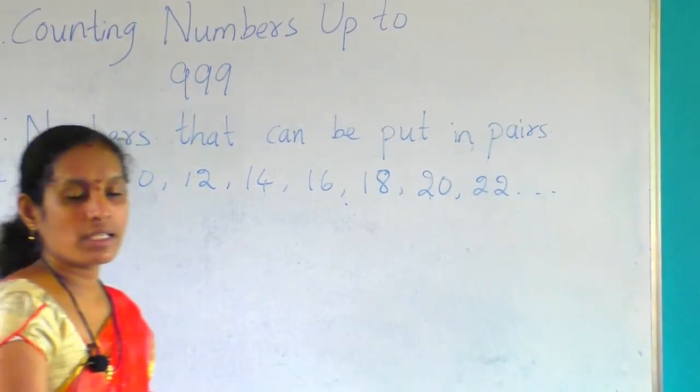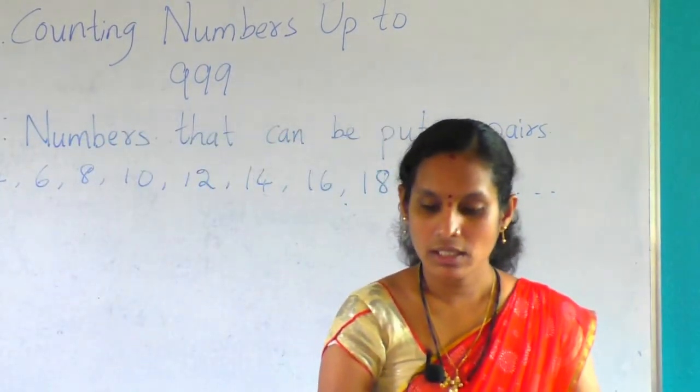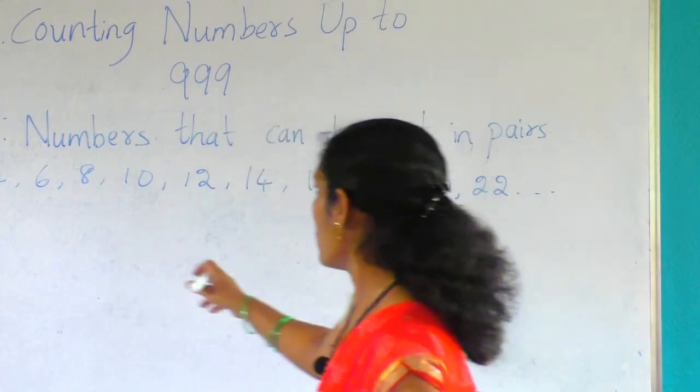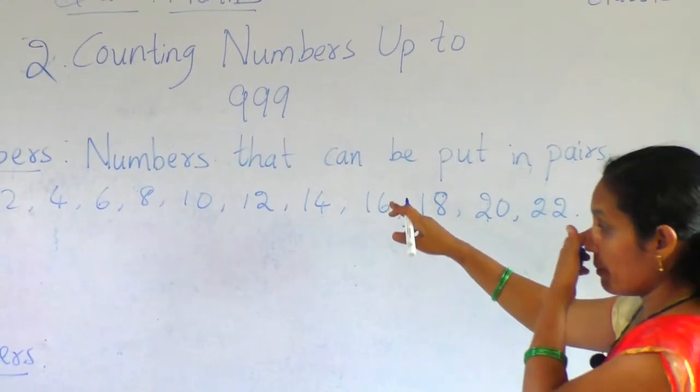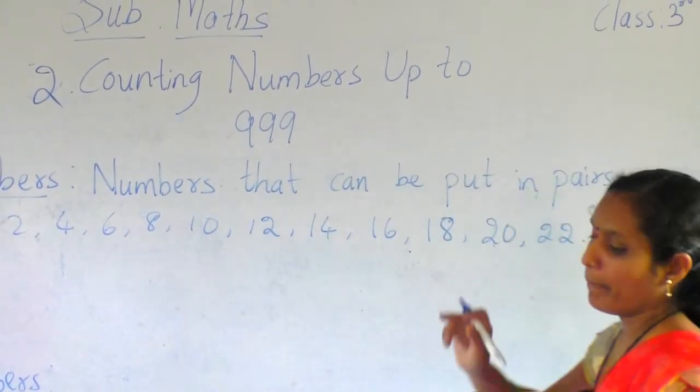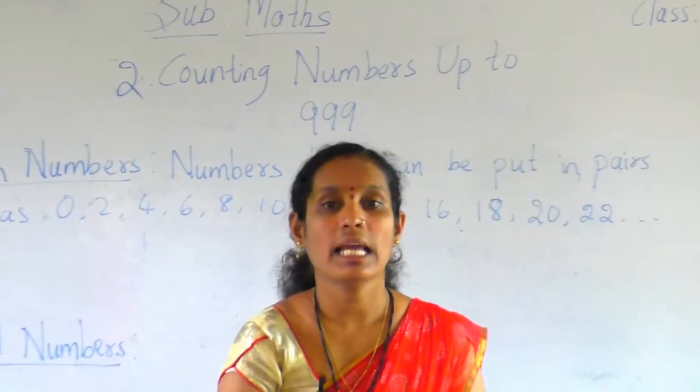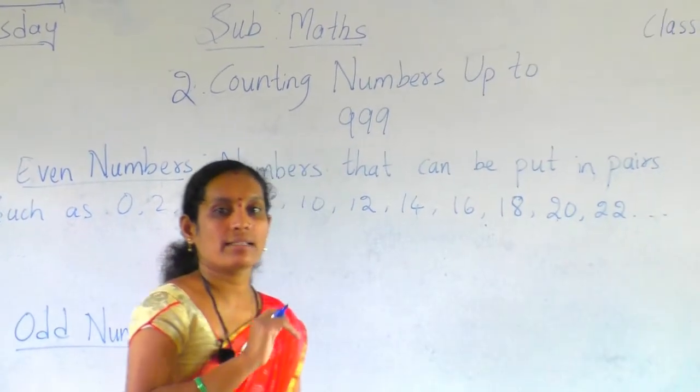Okay, these are even numbers. Always a ones or tens place is there. Numbers that can be put in pairs.